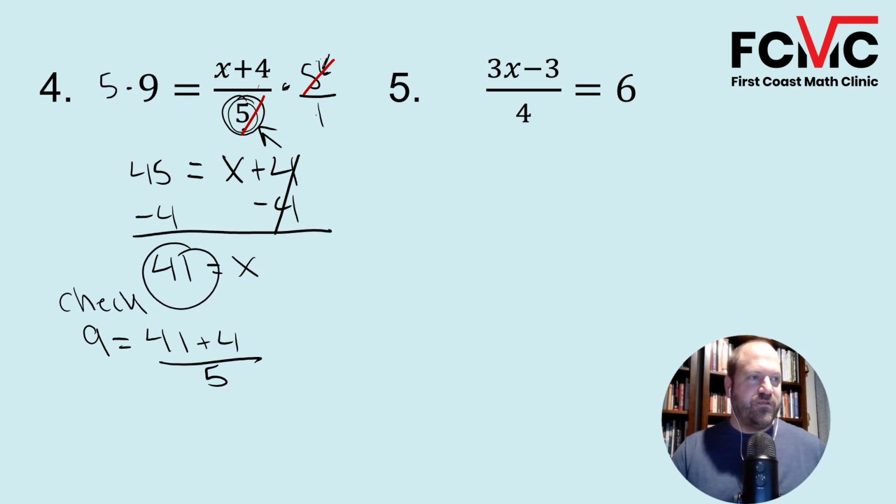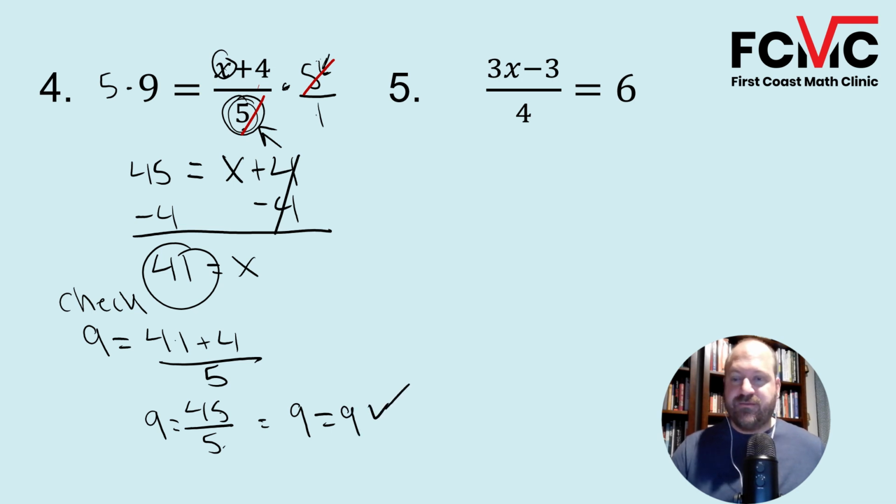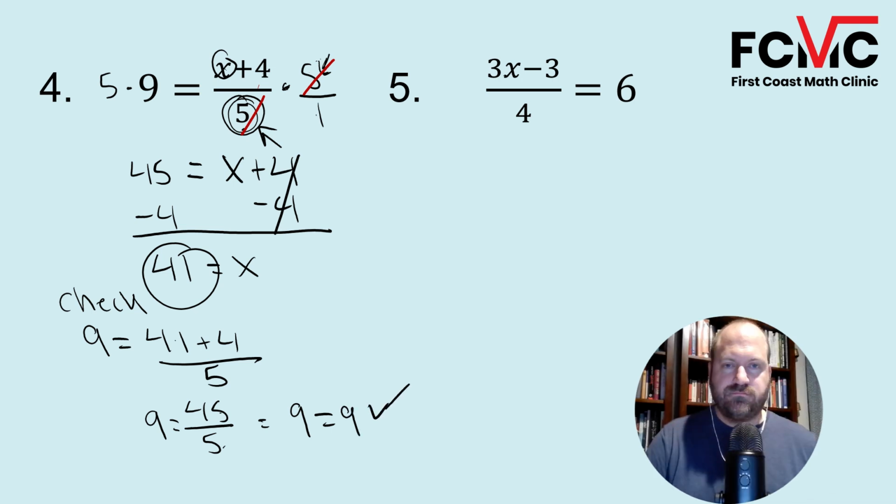So again, I took that 41 and put it in for x here. 41 plus 4 is 45. And we're going to get 9 equals 45 divided by 5 is 9. So we get 9 equals 9, and our solution checks.